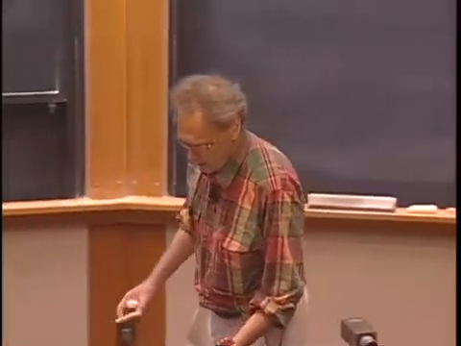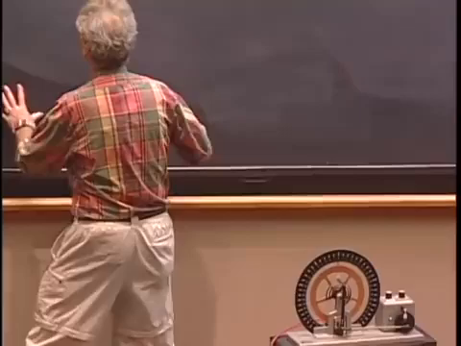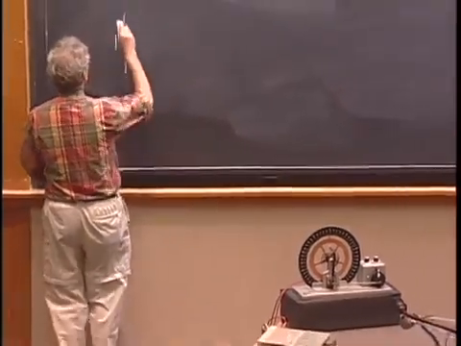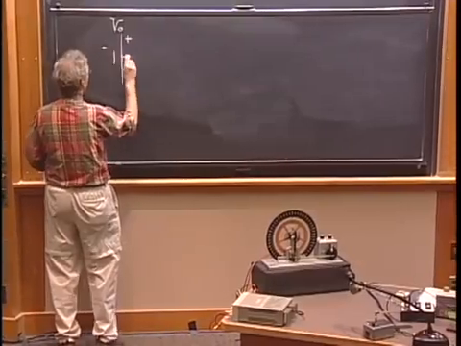I will now take you back to the good old days of 8.02. I will take you back to an RLC circuit whereby you have a battery. This is the plus side and this is the minus side.